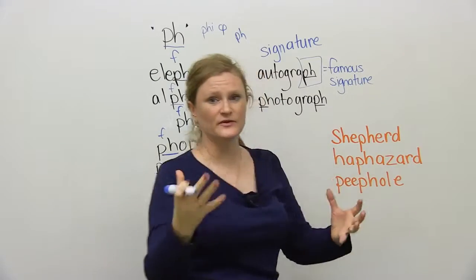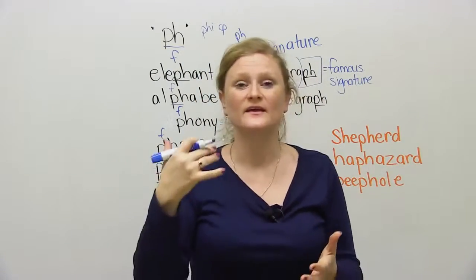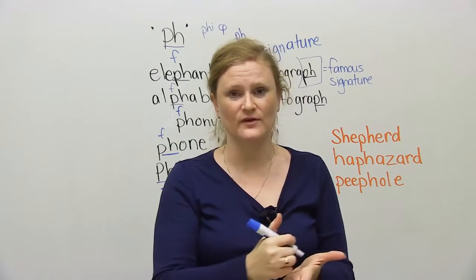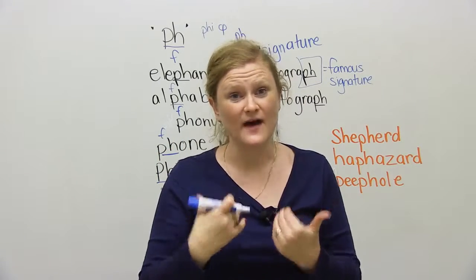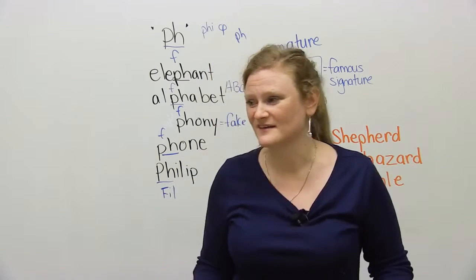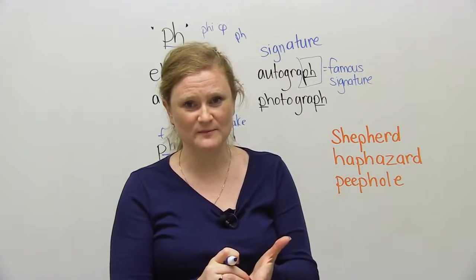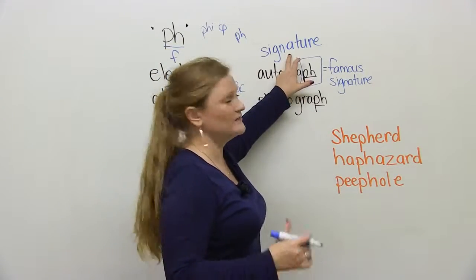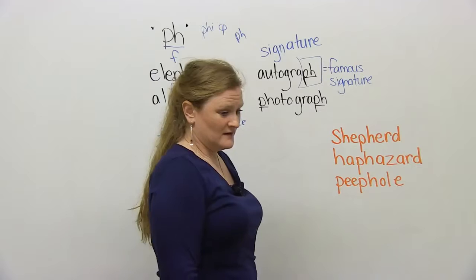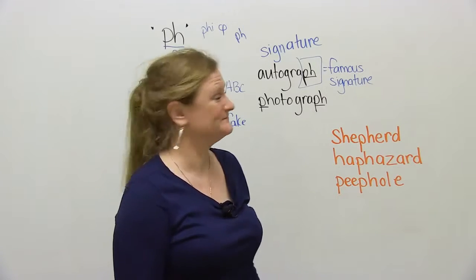So, for example, if you met a really famous person, oh my God, it's a famous person, you would ask them for their autograph. If I met a famous person, I wouldn't care. And I'd be like, whatever, okay? But autograph is for famous person. A signature is for regular people like you and I.